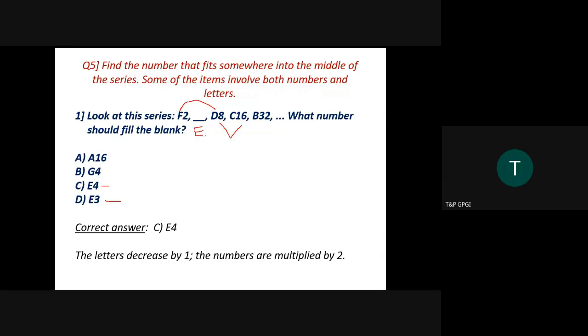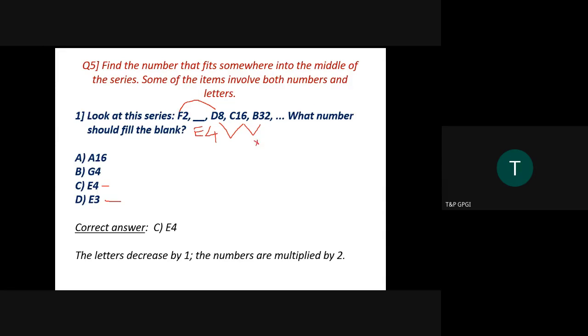What is the difference between 8 and 16? Maybe this is going in powers of 2, 2 square, 2 square. So 2 first and then multiplied by 2. So if we take E4, multiplied by 2 in this, then 8. 8 to 16, 16 to 32 and likewise.